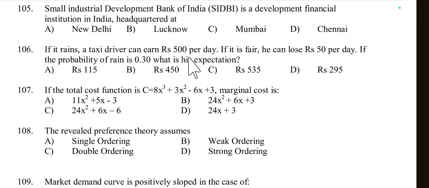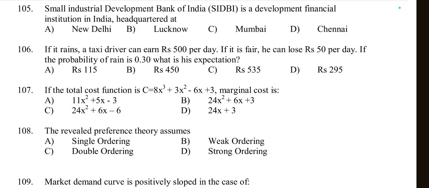So if rain, then he gets 500. If the weather is fair, meaning there is no rain, then he loses 50 rupees. So if the probability of rain is 0.30, then what is his expectation? So here we have to find out the answer.